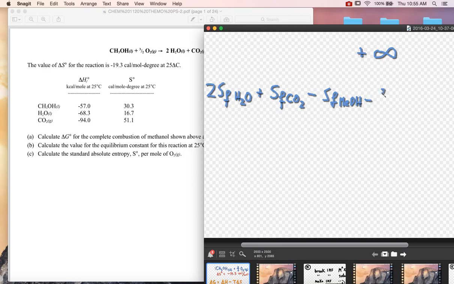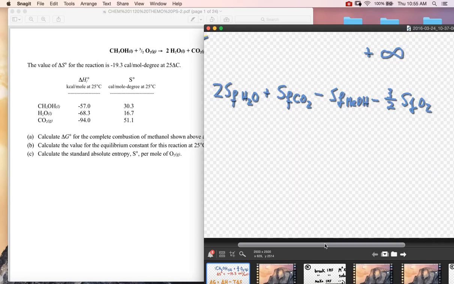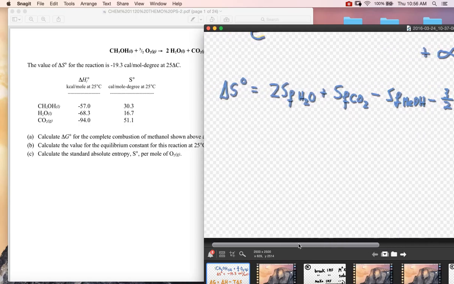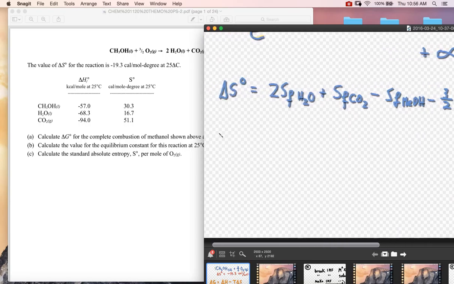Minus 3/2 times the S of formation of O2. And this is what we want to solve for. So I'm going to add this last term to both sides and then subtract the delta S of the reaction.